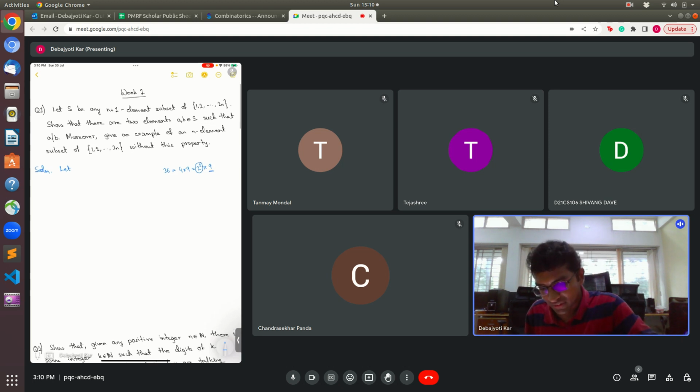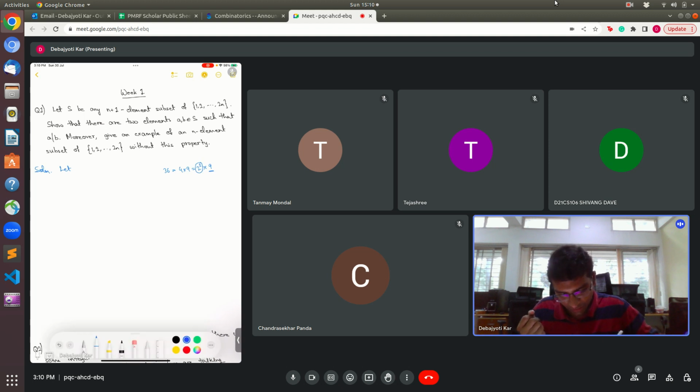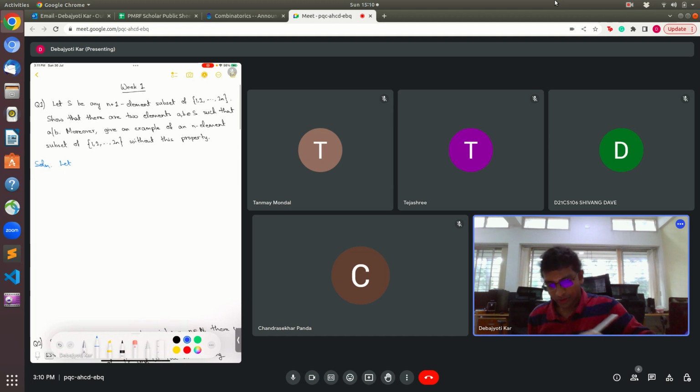In general, given any number, we can split it into two parts. One is a power of 2 and the remaining part is an odd number. So let's write this down.